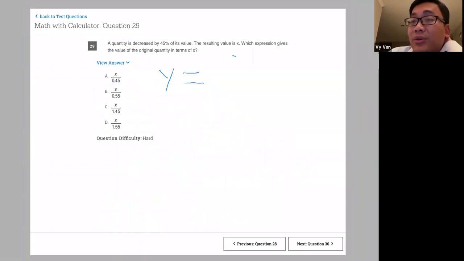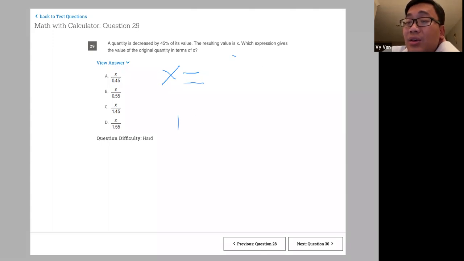Okay, so this is the original one. I'm sorry, so this is the new value, which is x in this case. So it says it results in x. So y is decreased by 45%.